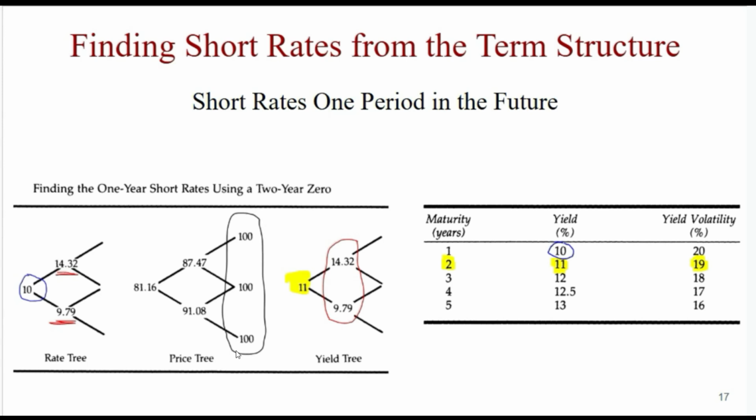We just solved for the intermediate yields of 14.32 and 9.79%, which would result in intermediate prices of 87.47 and 91.08, which, when discounted at today's short rate of 10%, correspond to today's price of 81.16, corresponding to today's yield for the 2-year zero of 11%. Simultaneously, the intermediate yields we solve for must result in a volatility of 19%.